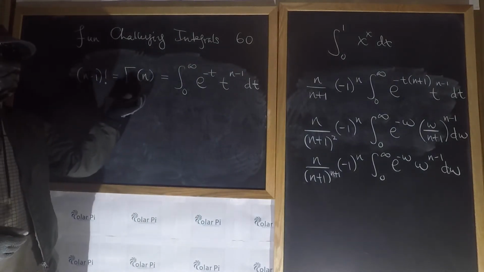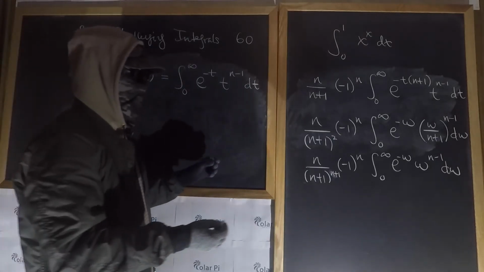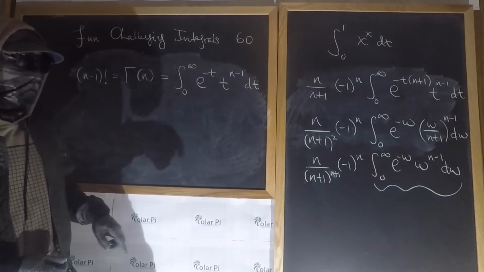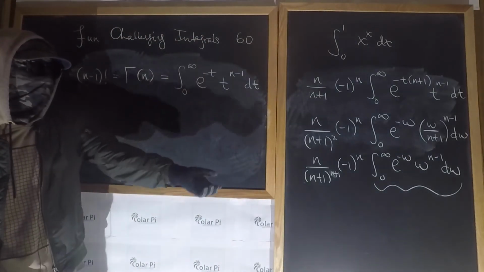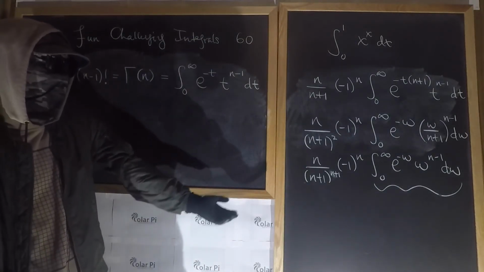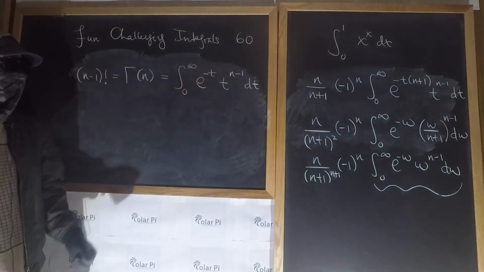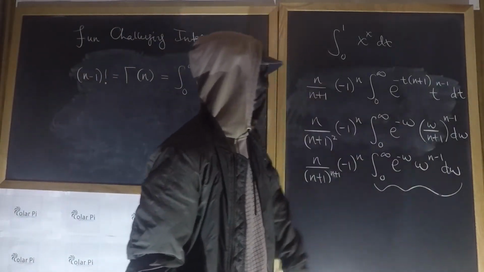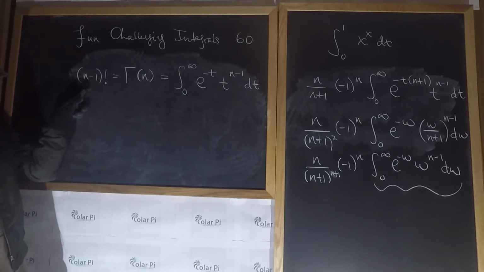So if this here is gamma of n, then I claim that this here is gamma of n also, because all we have here is, instead of t's, w's, but otherwise this integral here is clearly the same as this integral here. So what I'm saying is all this here is simply n minus 1 factorial.